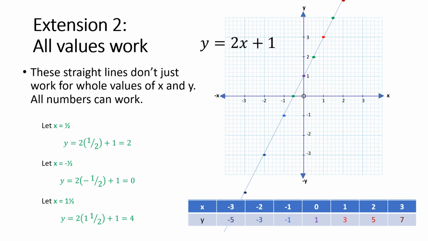I've used halves here to keep it simple, but you can plug in any value of x you like. 1/4, 4/8, 3/16, 0.597, and any value of x you plug in, if you work it correctly through the formula, will give you a point on the y-axis that falls on the straight line.